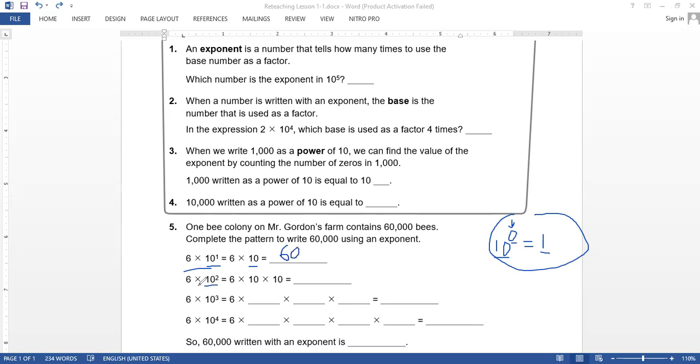Now 6 multiply 10 power 2, because the exponent is 2, means 6 multiply 10 multiply 10. So the 10 will be repeated twice. This means 6 multiply 100, or we can write it directly: 600.